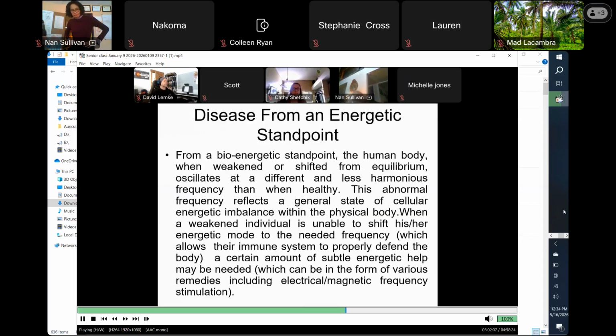This abnormal frequency reflects a general state of cellular energetic imbalance within the physical body when a weakened individual is unable to shift his or her energetic mode to the needed frequency, which allows their immune system to properly defend the body. A certain amount of subtle energetic help may be needed, which can be in the form of various remedies, including electrical magnetic frequency stimulation.